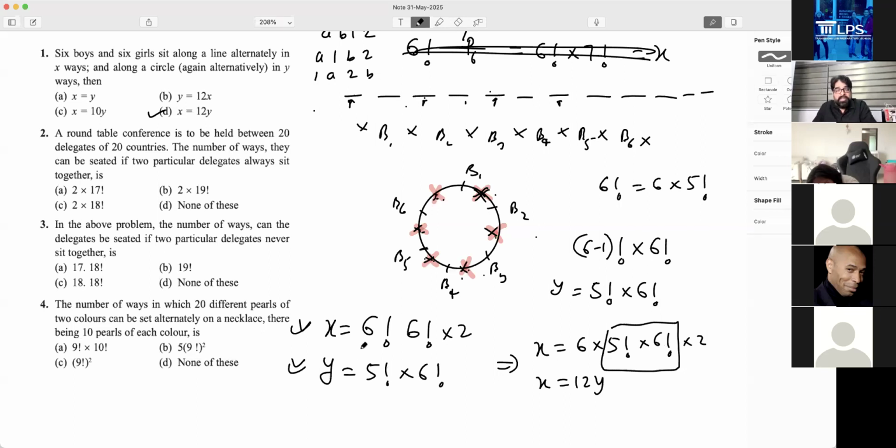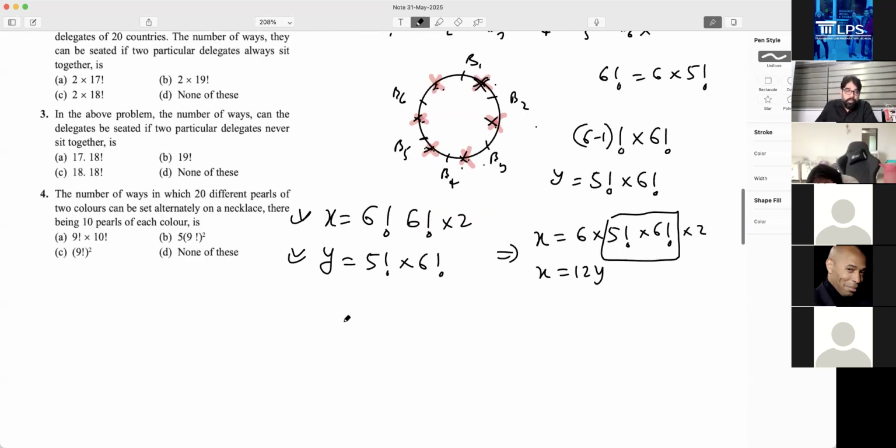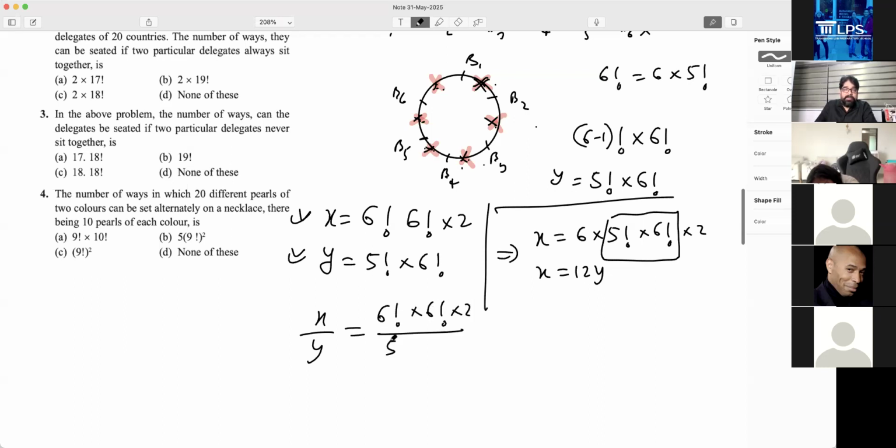Because I want a relation between X and Y. Or if you don't want to do this, divide it, X by Y. X by Y will be 6 factorial into 6 factorial into 2 divided by 5 factorial into 6 factorial. This will get cancelled, and this 6 factorial is 6 into 5 factorial, so the 5 factorial will get cancelled. So you get 12 by 1. So from here, X equals 12Y.